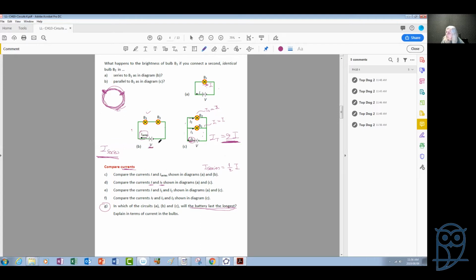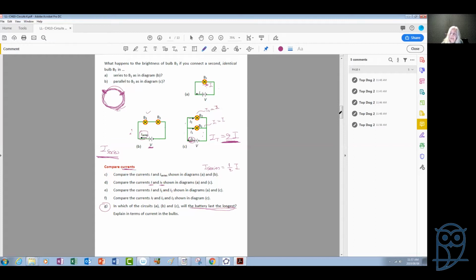Do we understand that? Does it make sense? It's a tricky question, because many people think that this battery will last the longest because it has only one bulb. Nonsense. This is the battery that will last the longest because it supplies two bulbs in series, and the current in this circuit is very small because the flow of charge is slow there.